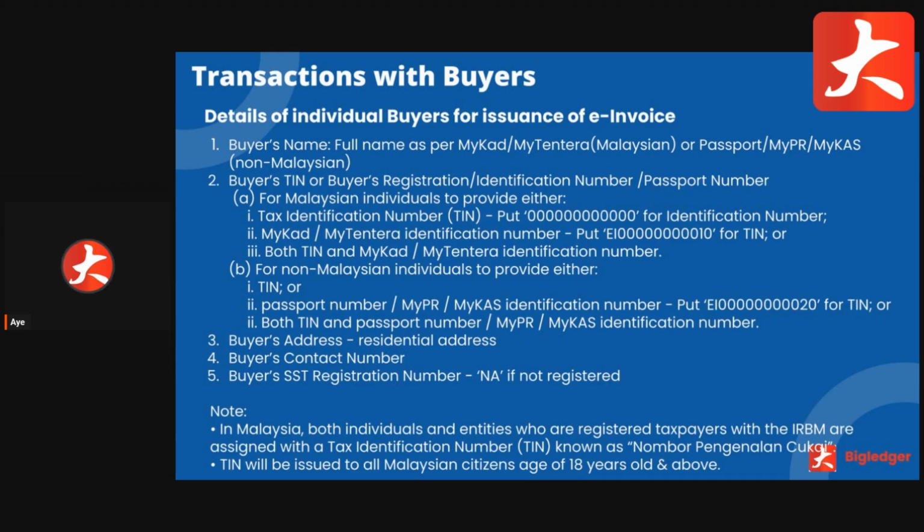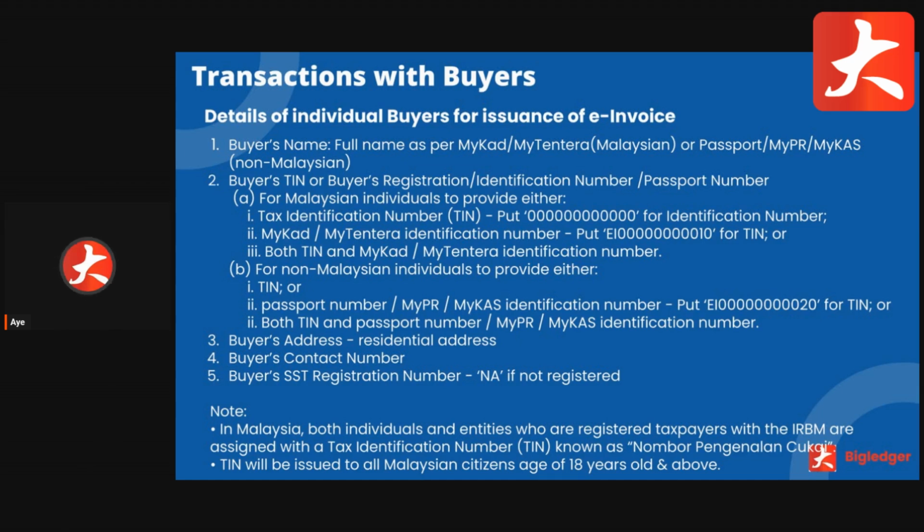And then if they didn't provide the TIN, but only provide the passport number or the IC number for the local, then they need to put EI 0000110. But if it's a foreigner, then that will be EUI 000210 for the TIN number. If they didn't provide the TIN, but only provide the IC or identification number. But they also can provide both TIN and identification number to the supplier side.